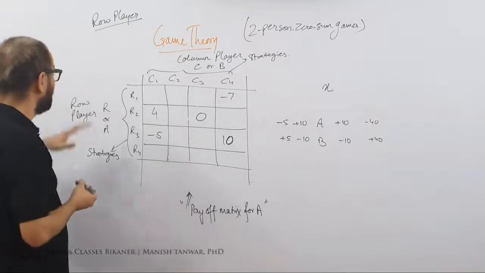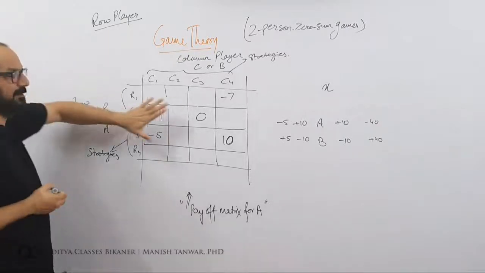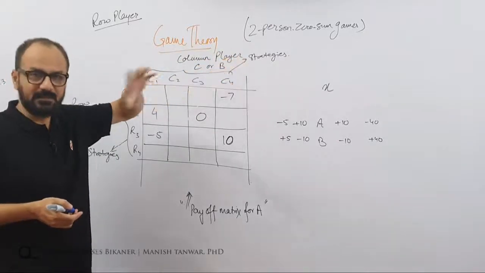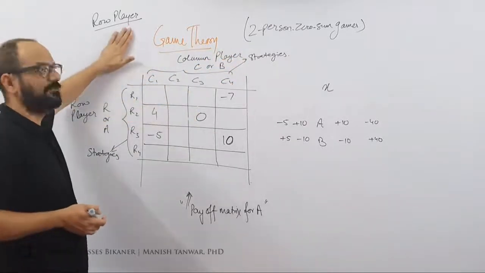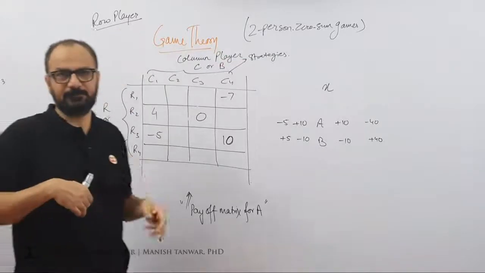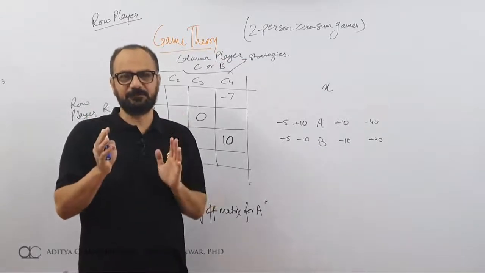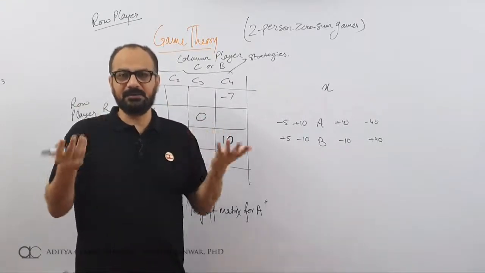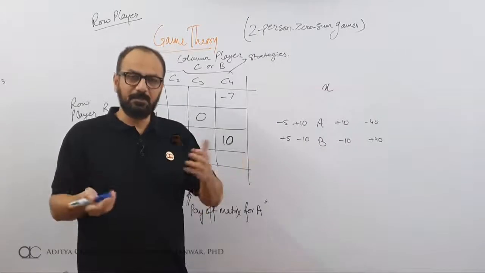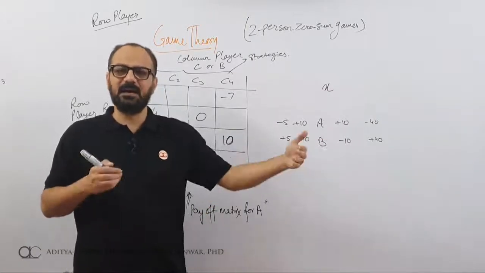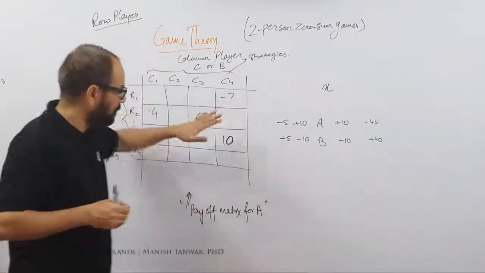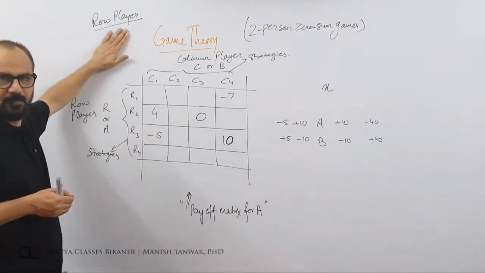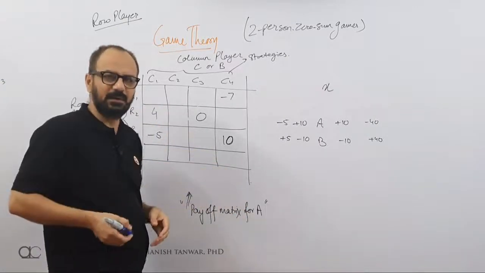Now see, I am writing everything from the perspective of the row player. But obviously, it also explains what is happening to the column player. This is why we say that the game is written from the row player's perspective. Perspectives are different. I have won 10 units; my perspective is winning 10 units. But the other person's perspective will be that I lost 10 units. So, whatever numbers are written here, they are from the row player's perspective. Obviously, when I win 10, the other will lose 10.